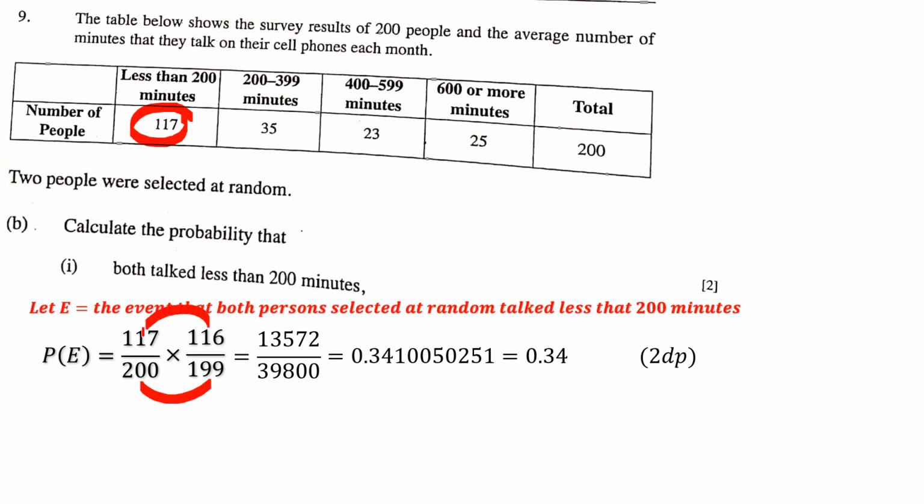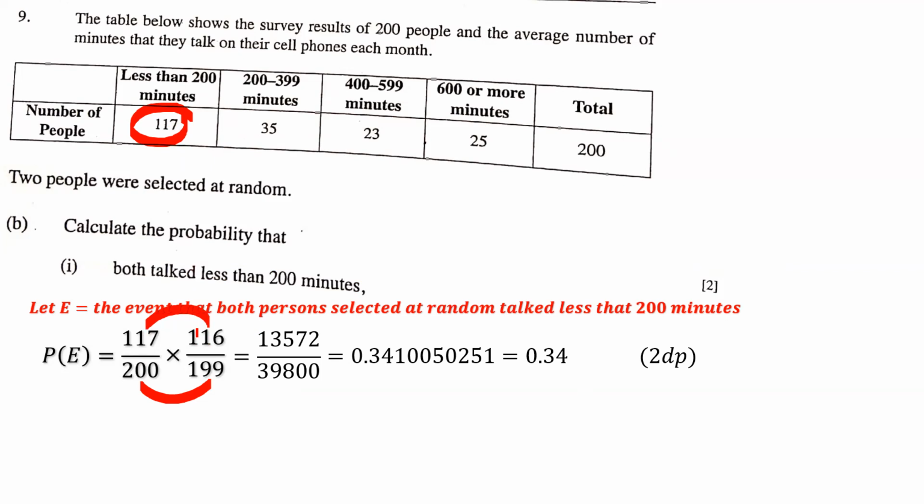So remember, we select one person from this group, and the probability of selecting that one person is going to be 117 over 200. But then we select another person from the same group of persons who talk less than 200 minutes. We can't have 117 in all because we already selected one person from the 117.